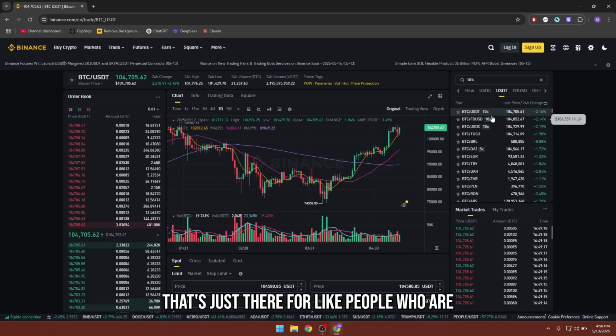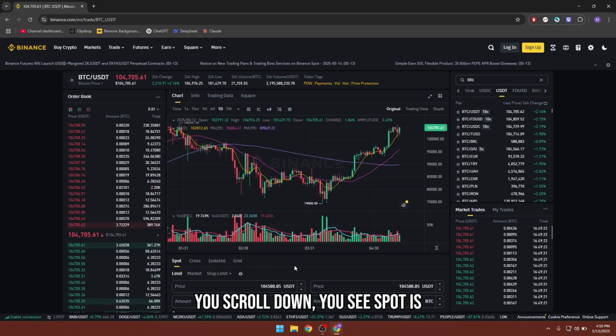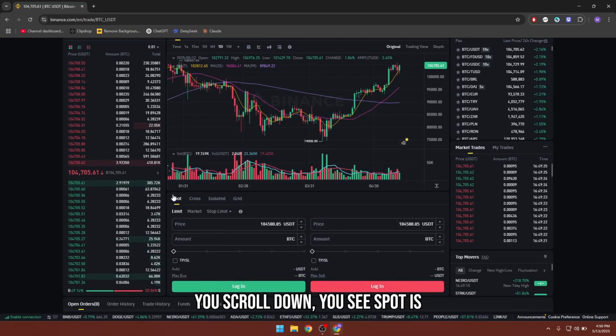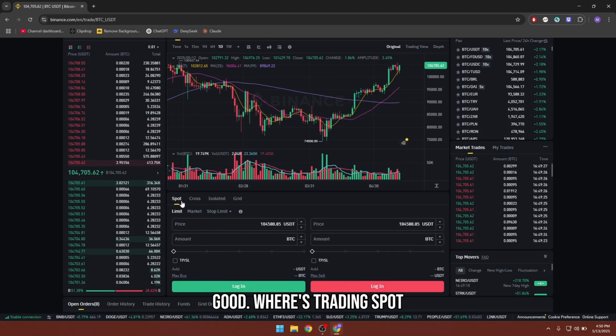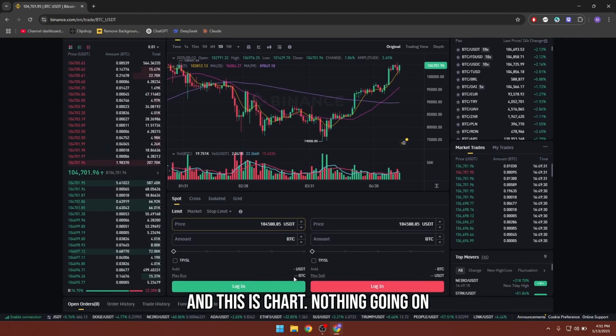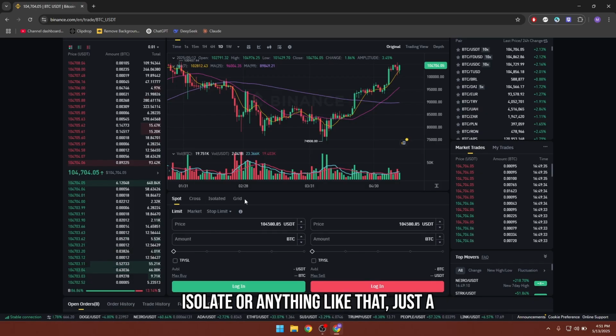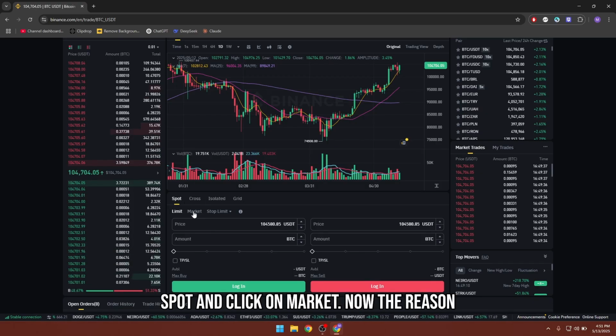That's just there for people who are doing leverage and all that. For us, if you scroll down, you see spot is selected right here. So we know we're good. We're trading spot, and this is the chart, nothing going on really there. We're not doing cross, isolated, or anything like that. Just spot, and click on market.